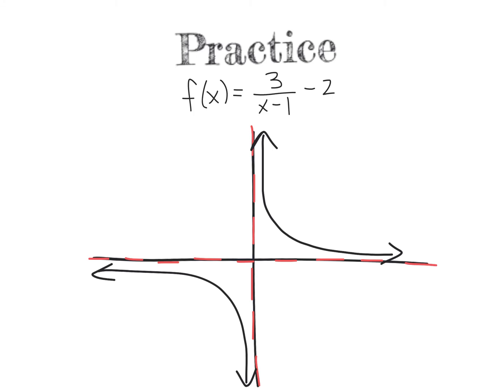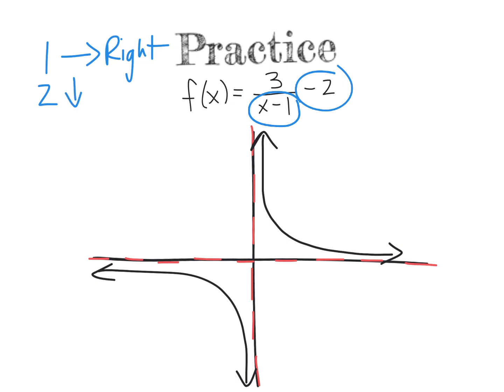In this example, notice how we have x minus 1. It's going to move it 1 unit to the right. The minus 2 moves it 2 units down. And here we're talking about the asymptotes, right?